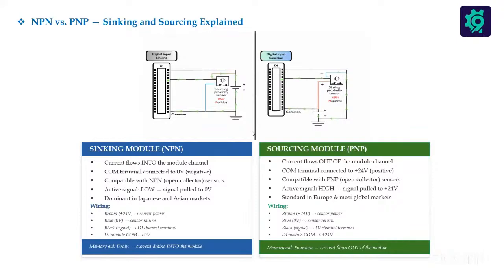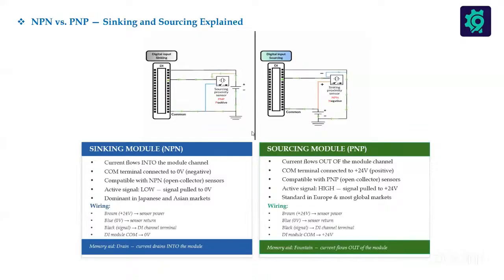One terminal of the switch will be connected to the PLC, while the other one will have to be connected to the common. Then the power supply: the PLC will be supplied with 24 volts, and the common will be supplied with 0 volts.